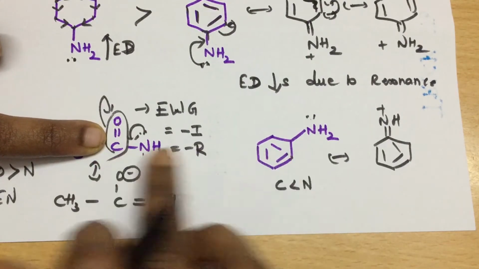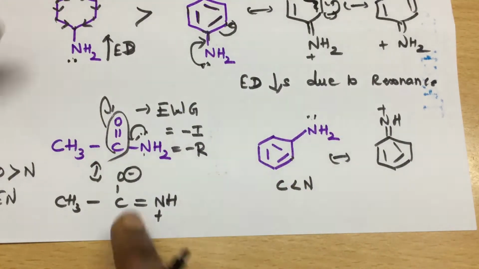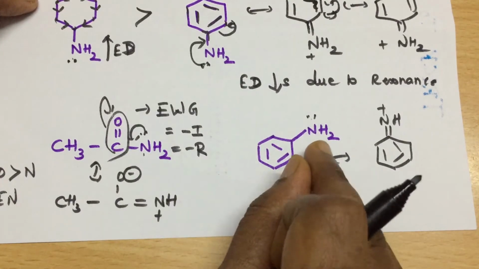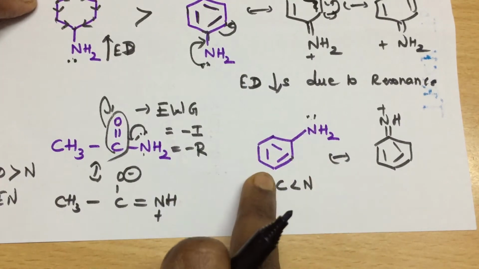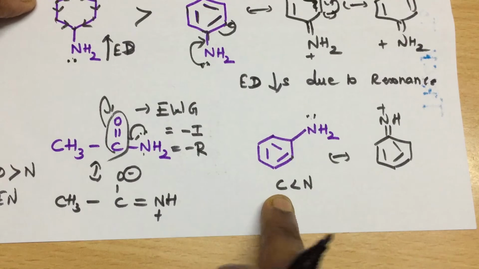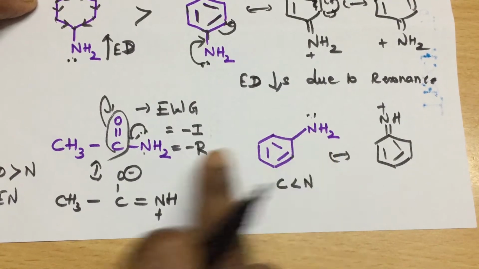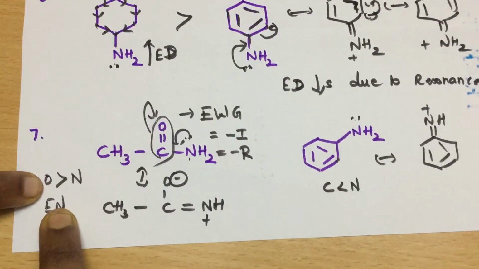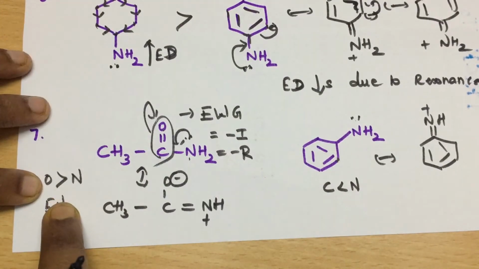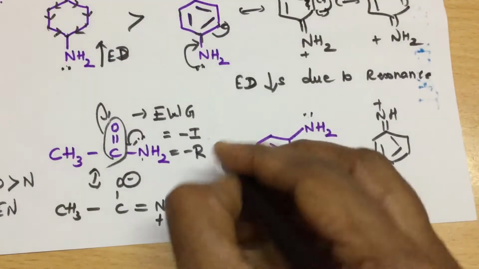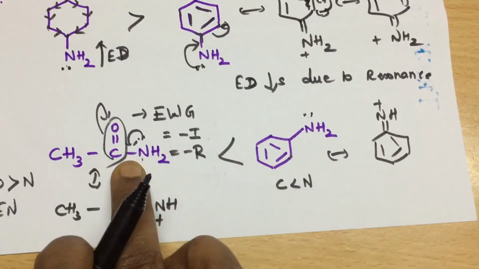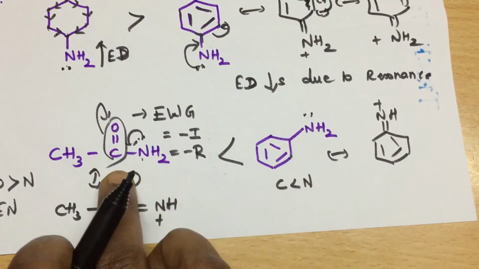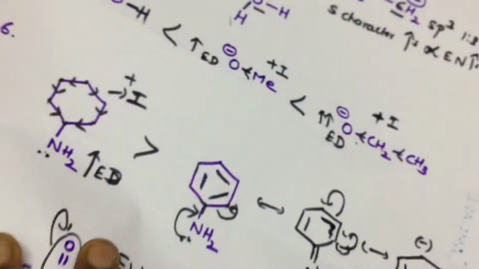So both resonance structures are different, and here some electrons are available on nitrogen. Even though it goes to carbon, the less electronegative carbon, again it will come back to nitrogen. But here when it goes to oxygen, the oxygen being more electronegative than nitrogen, it will not give back to nitrogen easily. So aniline is a better base than amide. Okay, please remember, this is a very important point.